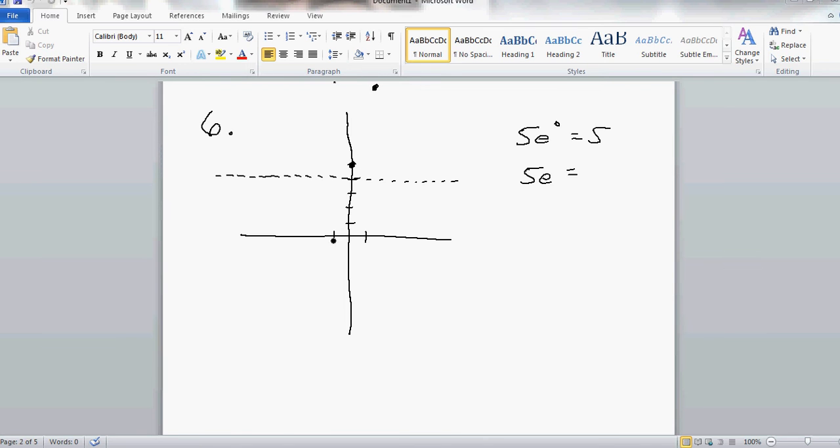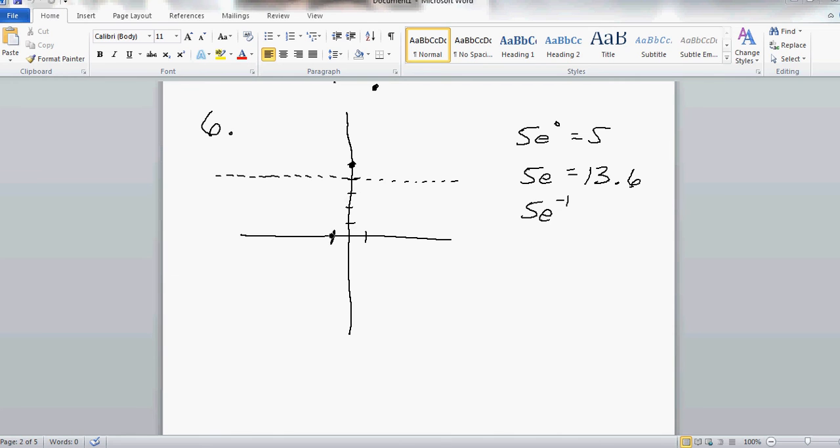And if I plug in -1, 5e to the -1, and plug all that into the calculator, I get 1.84, which this asymptote had no business being there.